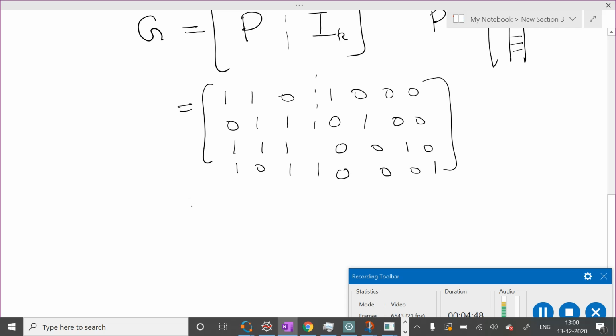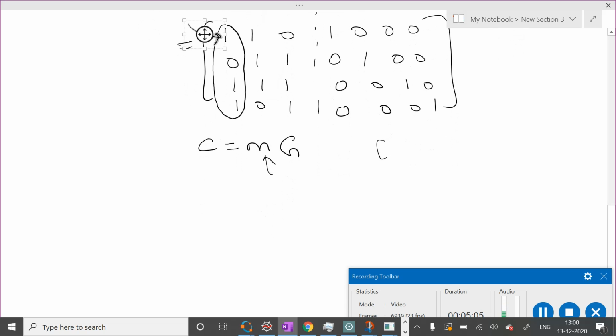See, if we want to generate a code word, you have to do m times G, right? For given message bits. So what it does is, you see this way, if you look at this, m0, m1, m2, m3, and then this is 1 0 1 1, 1 1 1 0, 0 1 1 1.